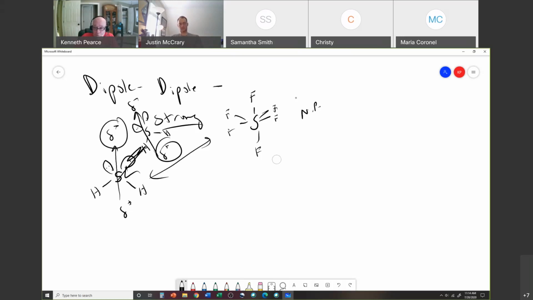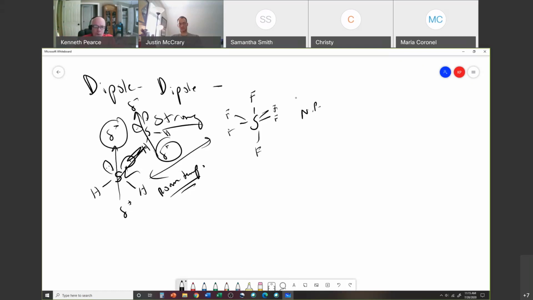And guess what happens to the melting point and the boiling point and all that? This thing is roughly room temperature as far as its melting point goes. It's a little bit less than room temperature, but in the grand scheme of things, it is a fairly high melting point. Sulfur hexafluoride, its boiling point is way down there, because the boiling point is how much energy does it take to separate it from the liquid into the gas phase.